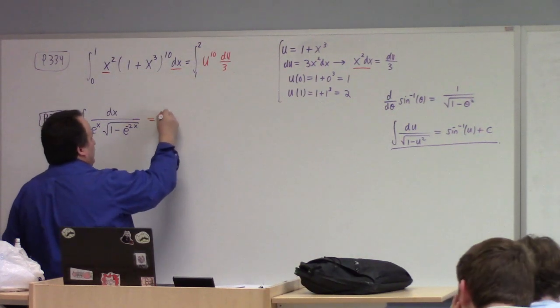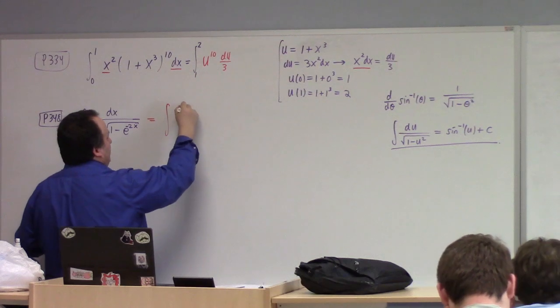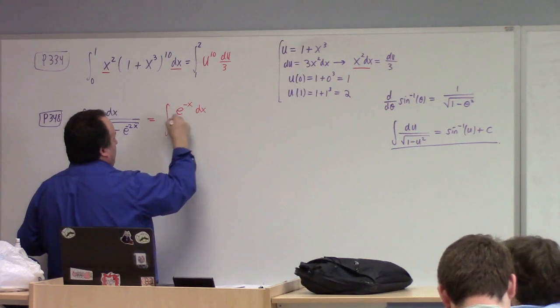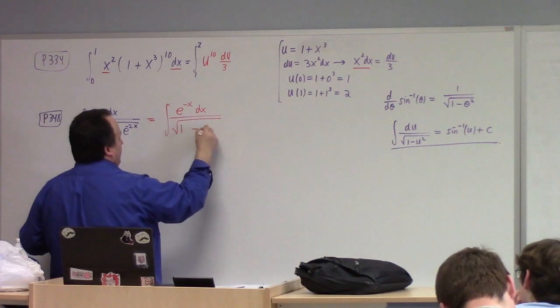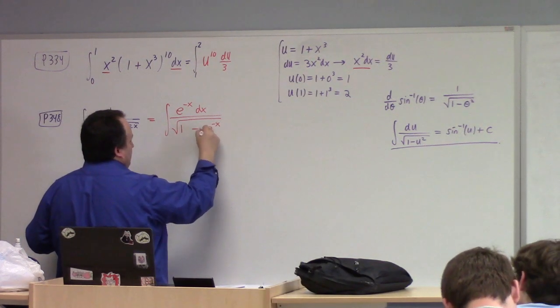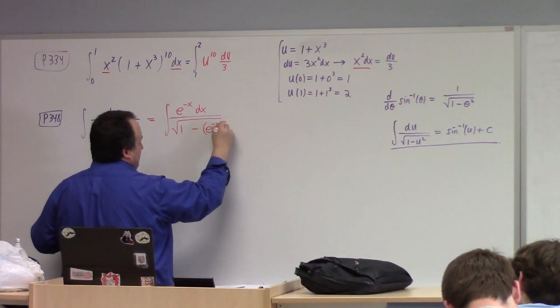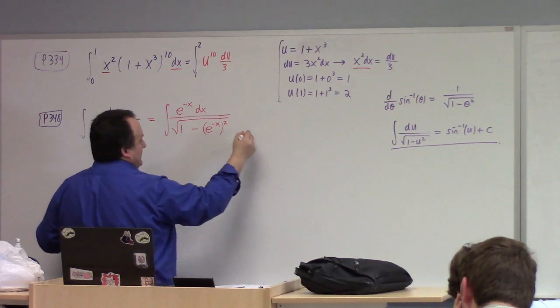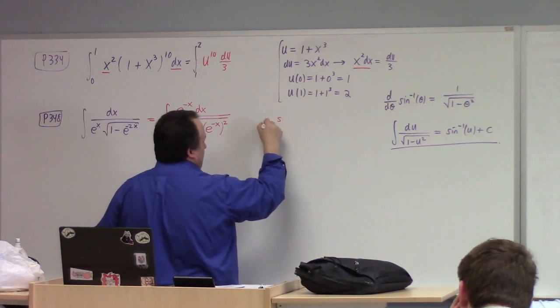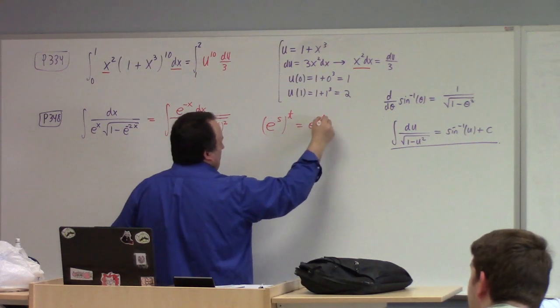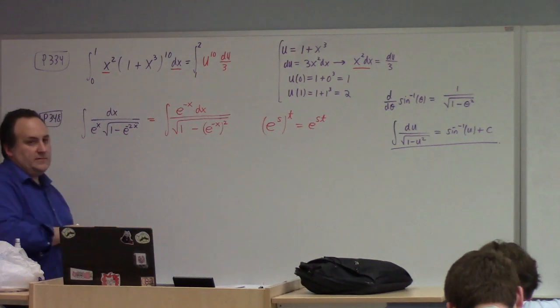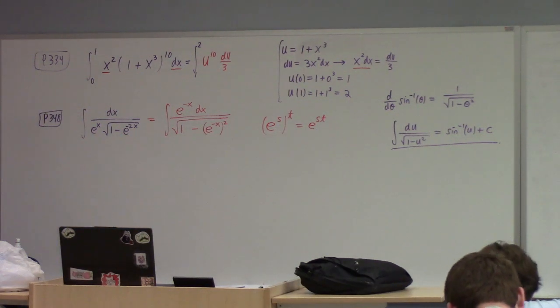We could rewrite this as the integral of e to the minus x upstairs, times the square root of 1 minus (e to the minus x) quantity squared. Because the laws of exponents say that e to the s to the t power is equal to e to the st, right?